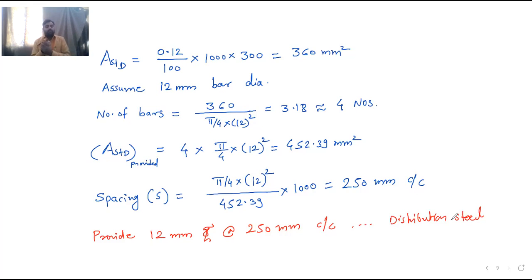Then next is the design of toe slab. So before moving forward to the design of toe slab, you can also take the check for the shear in the stem. That check we are going to take by normal method, but in the last numerical also we have not taken the check because it is generally safe.